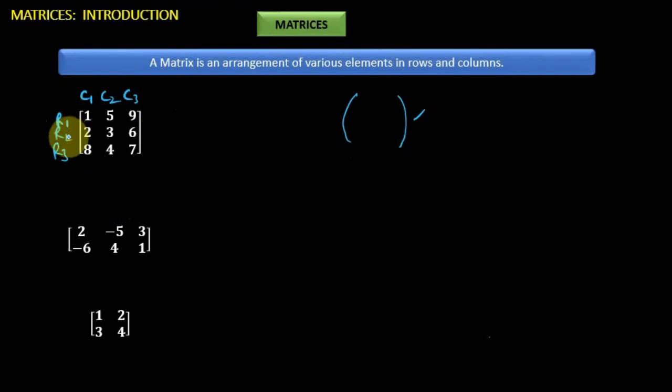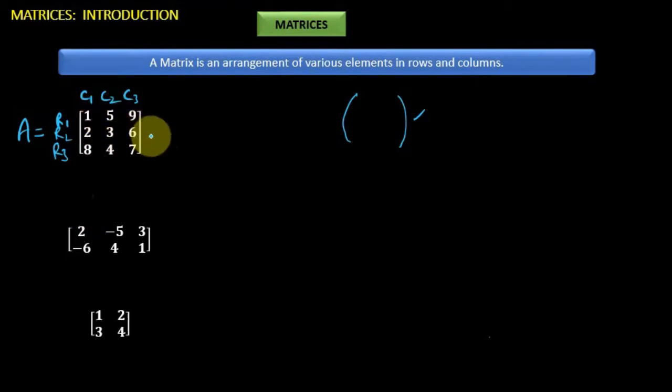Understood? This is what a matrix is. Now see, how do we denote these matrices? We denote the matrices with any capital letter. For example, here I am taking A. So let A be the matrix.